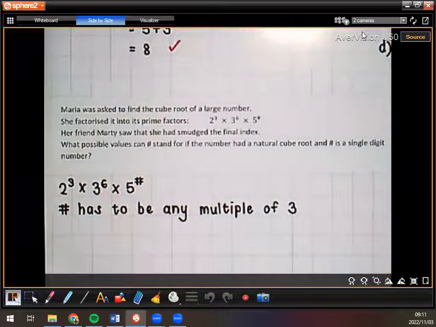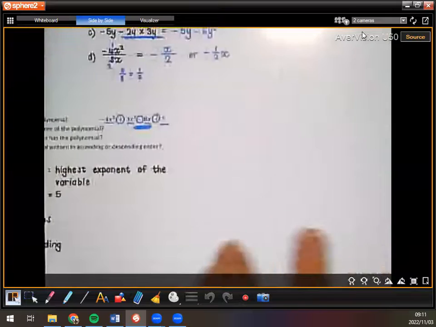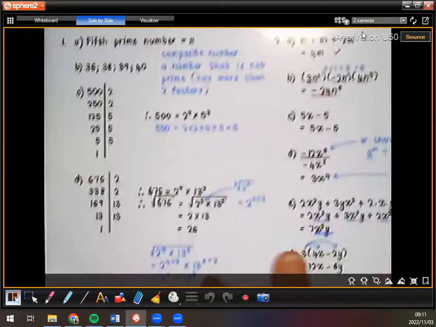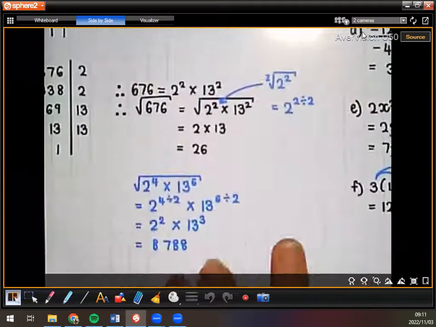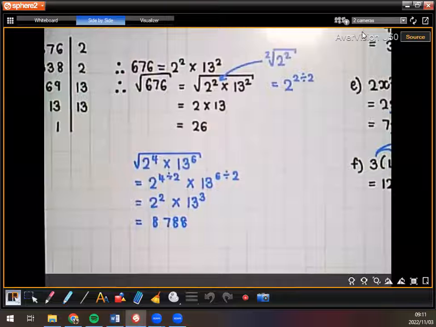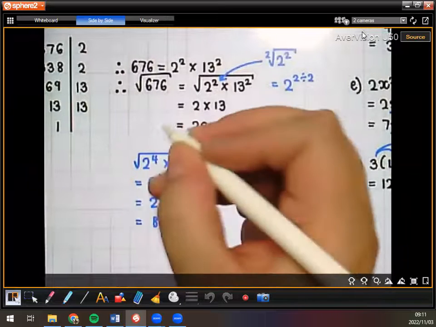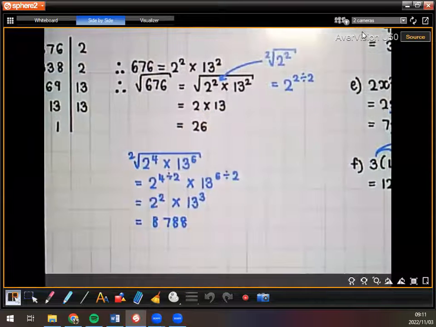Alright, so first, I'm going to go back to an example that we did yesterday. Where was that? This one here, right? Where we said the number outside of a square root is a 2. Do you guys remember that?